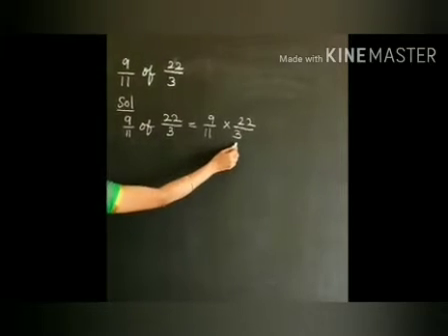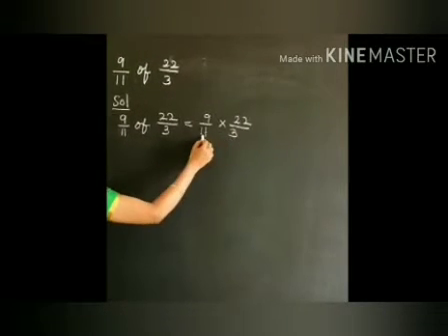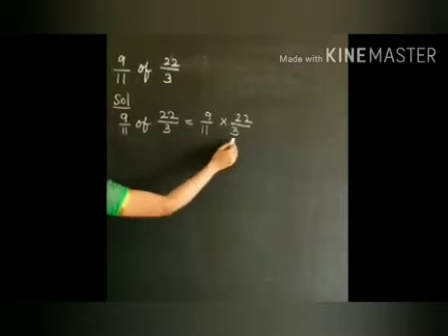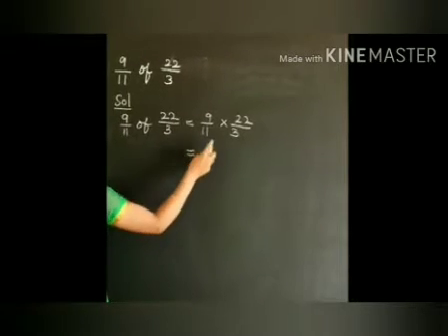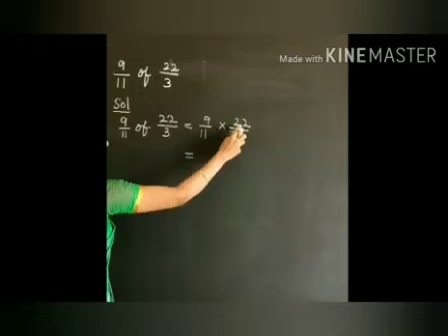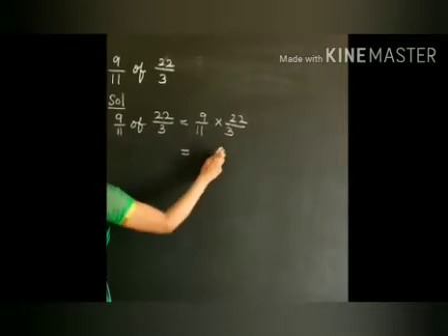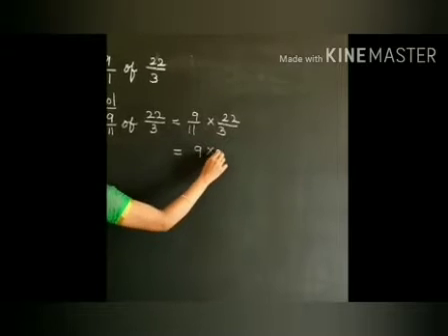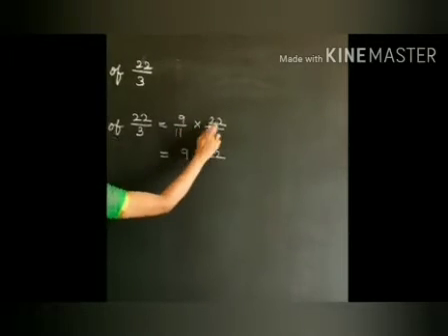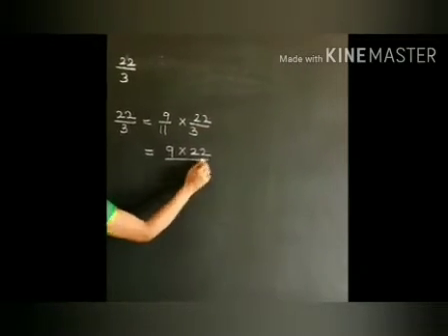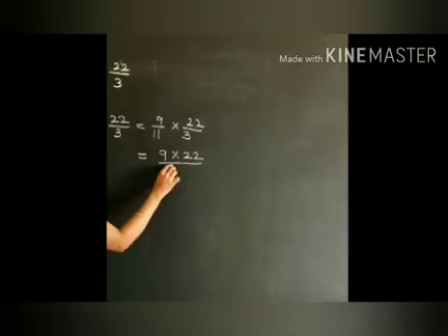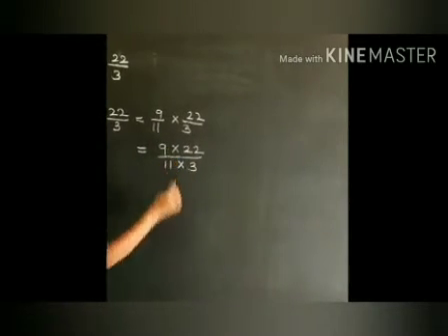Now see this type, this is the third type, the product of two fractions. How do you use this formula? Product of the numerators divided by product of the denominators: 9 into 22 over 11 into 3.